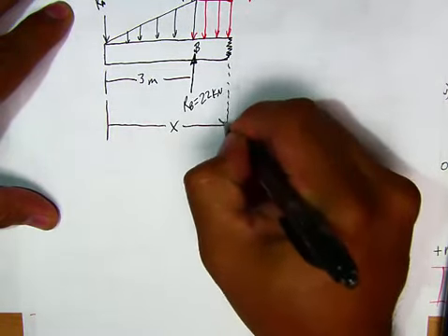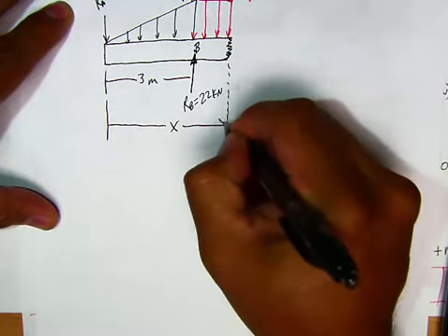Remember that our resultant for our rectangle is located 2 meters from point A, but 1 meter from point B. So we'll get to that in a minute.